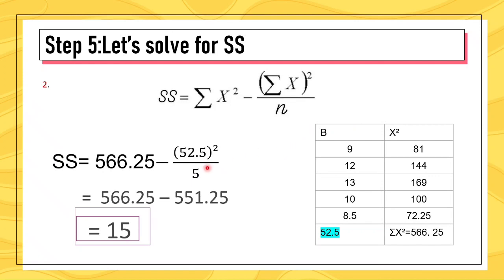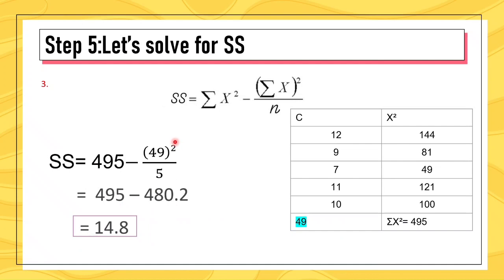Do the same process to B. The 52.5 is here, the total, and the 566.25 is here. So first compute the square and divide it to get the 551.25, and subtract them. First look for this.